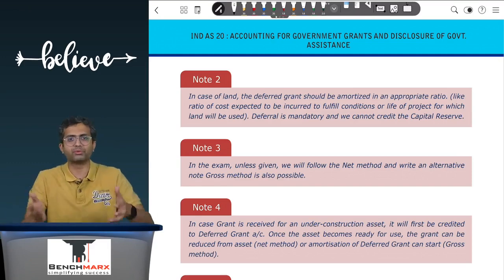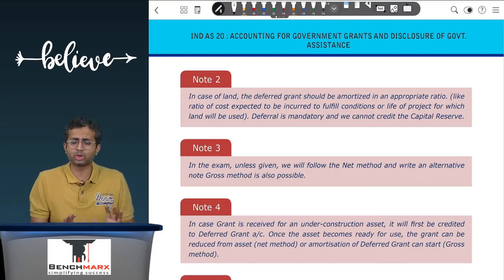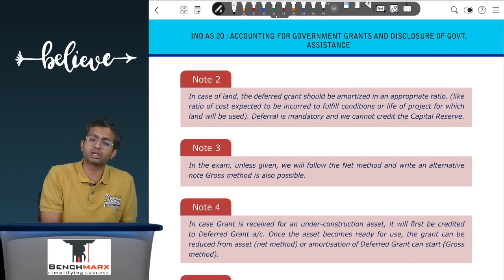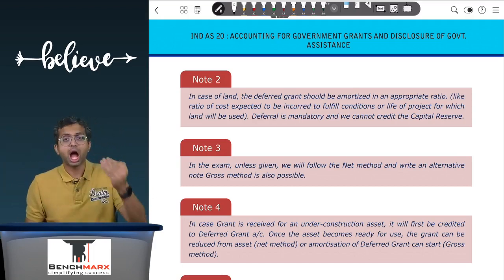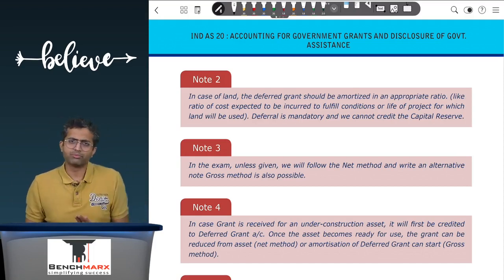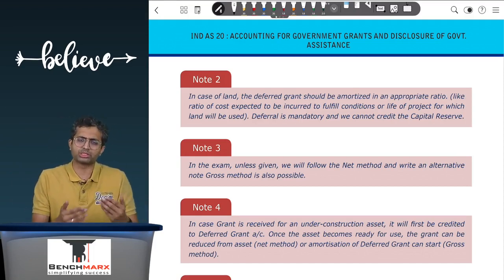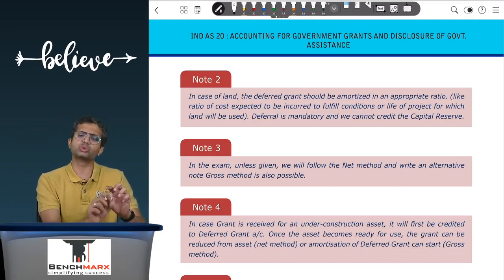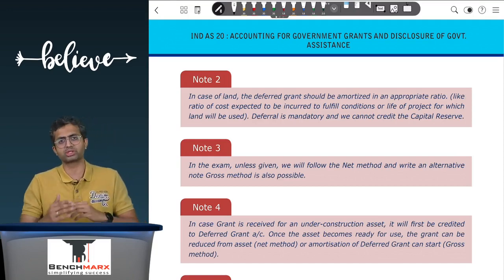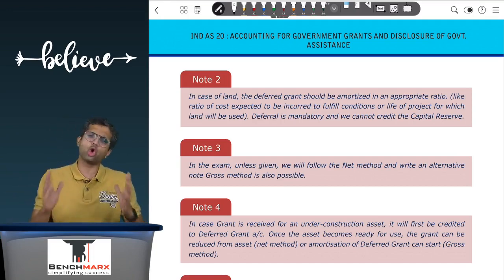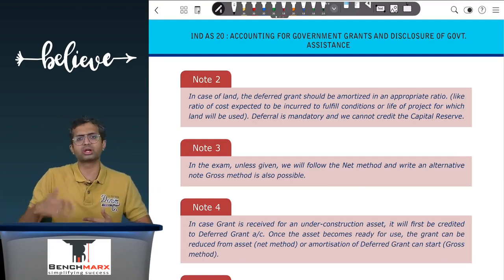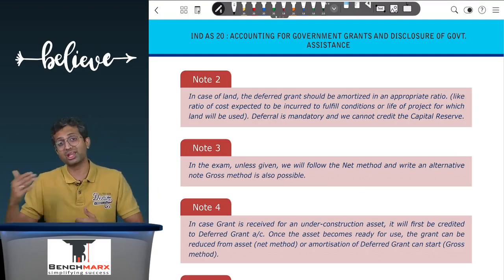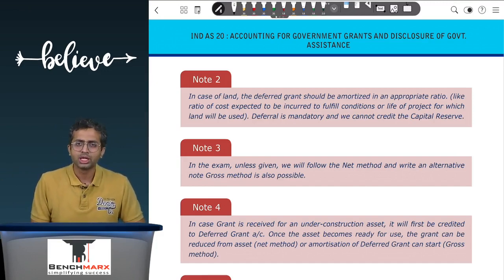If you decide to net it off, it might even show a negative balance, and hence the standard over here says that if a grant is given for an under construction asset, you can put it into the deferred grant account till the time the construction is completed, after which if you want to reduce this from the cost of the asset, then before you start depreciating, you reduce this grant from the cost of the asset and then you depreciate the net amount. Or if you want to continue to amortize it in the ratio of depreciation, depreciation can only start once the asset is ready for use, in which case you will depreciate after the asset is ready for use.